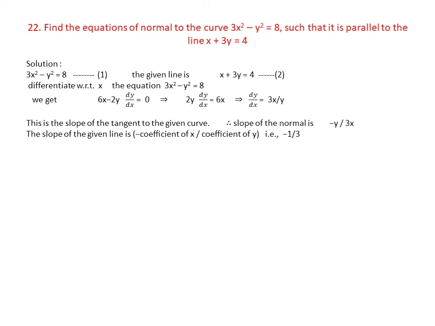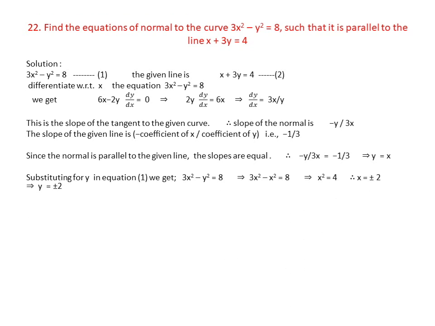Now the slope of the given line, x plus 3y equals 4, I know the definition says it is the negative of the coefficient of x upon the coefficient of y, so therefore minus 1 by 3. Now it's given in the question that the normal is parallel to the given line. So therefore the slopes have to be equal using the condition of parallelism.